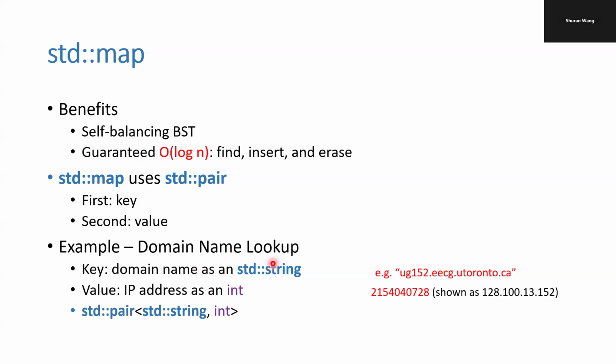The domain name server will store a binary search tree that stores the keys as strings that are google.ca, ecg.utoronto.ca, and each of them has this value, which is the IP address. And this is stored as an int, and this is what we are returning.